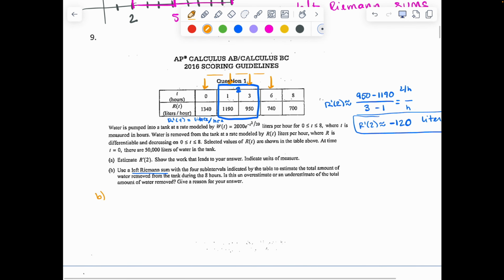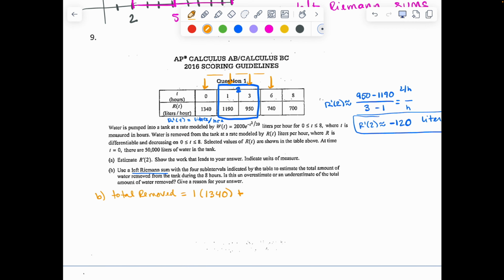So for part B, our total removed is going to be: our first rectangle from 0 to 1 has a width of 1, and our left side value is 1340.